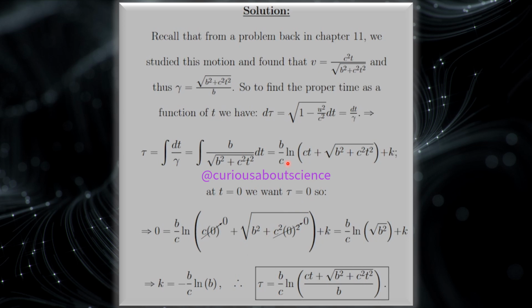What this tells us is that we can factor out a b over c from both of these terms, which is what we have here. And because of the rule of logs, a minus sign is the same as dividing, so we put it all into one logarithm. So we see that the proper time tau is equal to b over c ln of ct plus the square root over b. Pretty cool.